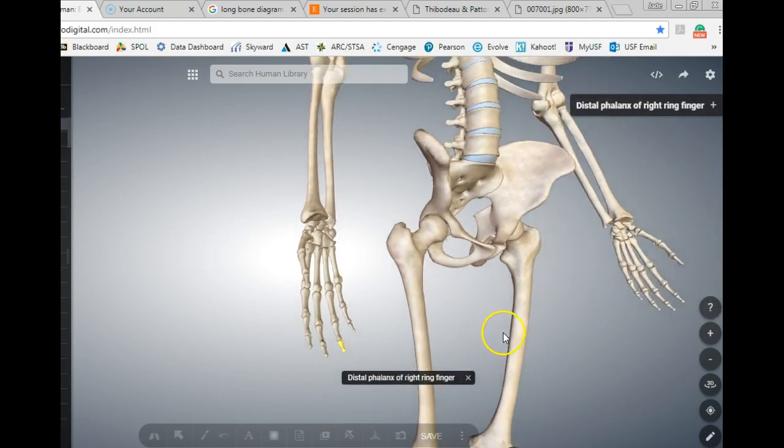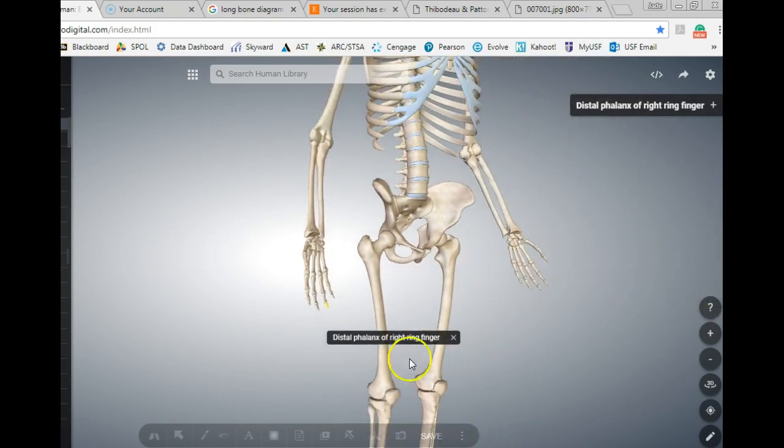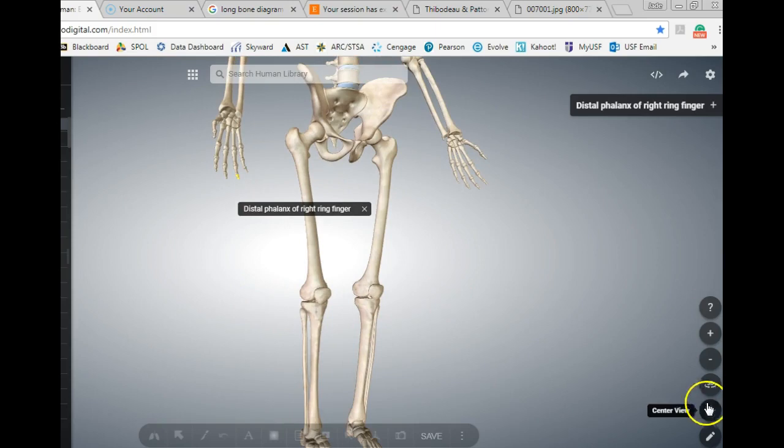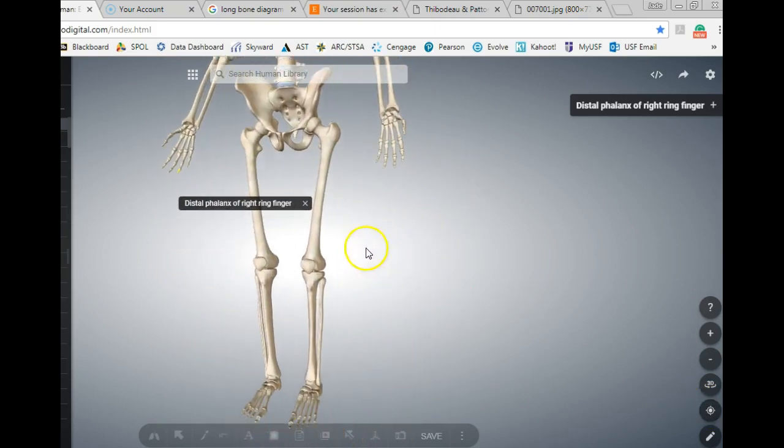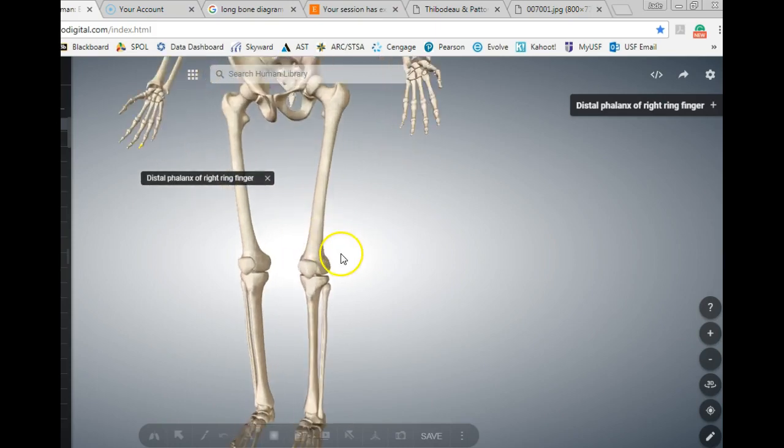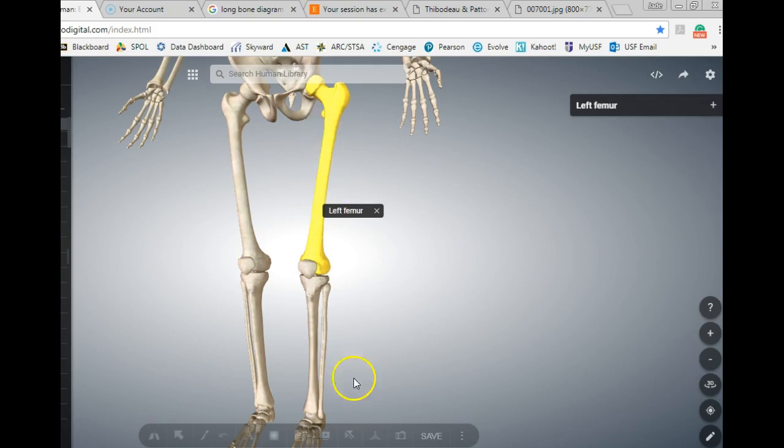So now we will move to the bones of the leg. All right, so we have the femur, which is an example of a long bone, and then we have the tibia and the fibula. So the tibia is commonly known as the shin, and then the fibula lies on the side of that.